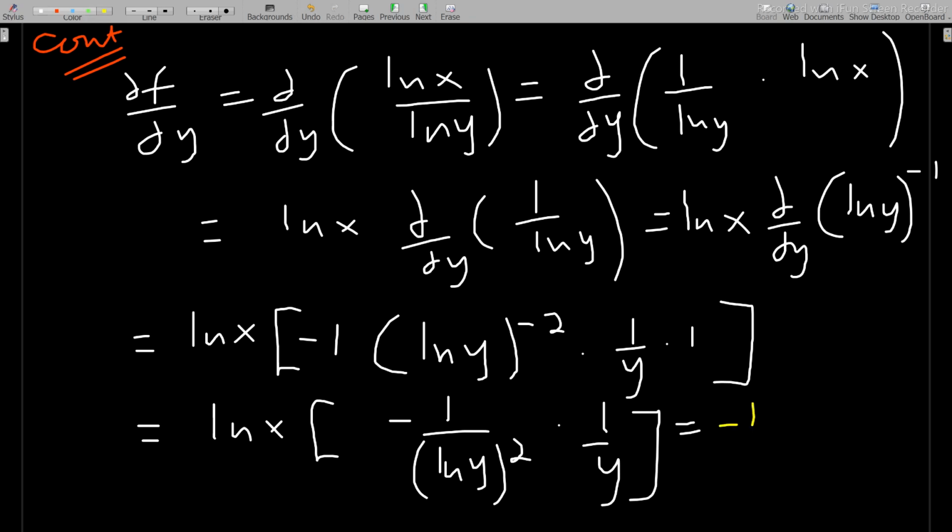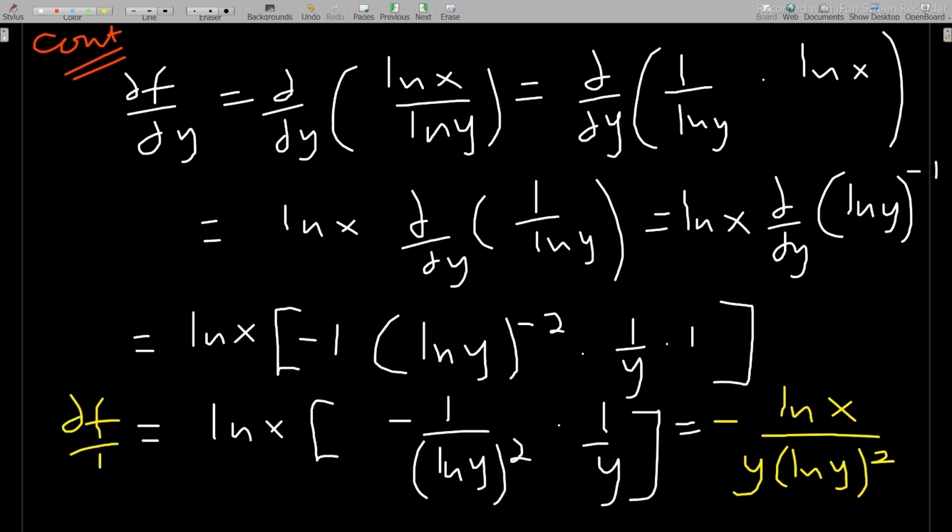Writing them together, negative len of x over y times len y squared. I hope you get this. So this is del f del y of this question. It's very, very simple like that.